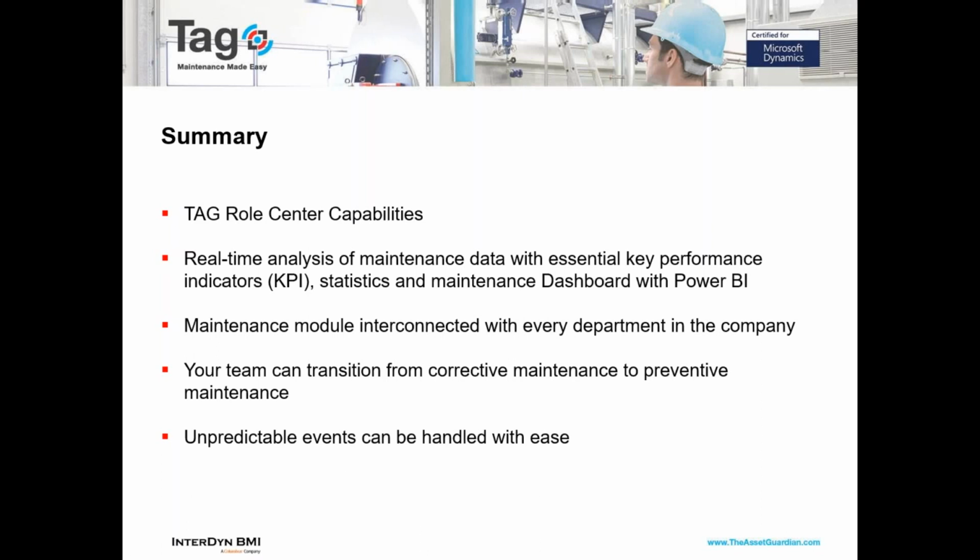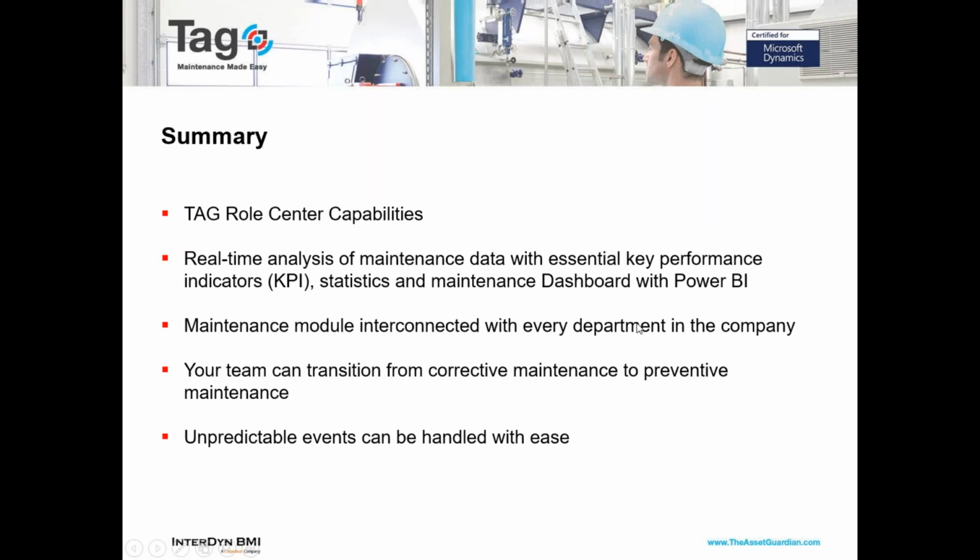You can have real-time analysis of that maintenance data, using those key performance indicators on the role center, or using statistics, or doing analysis within the system on the pages and using filters, or even using Power BI, which is a Microsoft product that we showed here today.